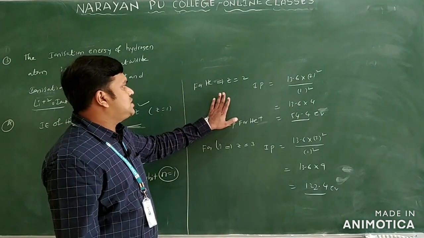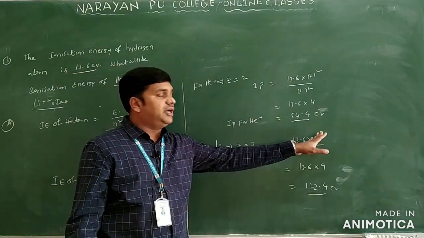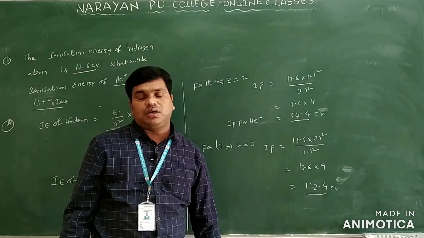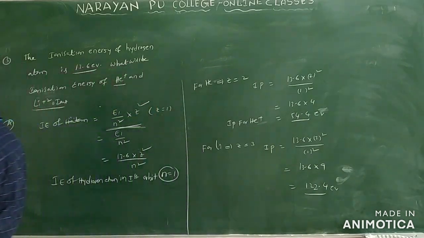So for He plus the ionization potential is 54.4 electron volts. For lithium, how much did you get? 122.4 electron volts. So this is the calculation of ionization energy of He plus and Li plus ions.